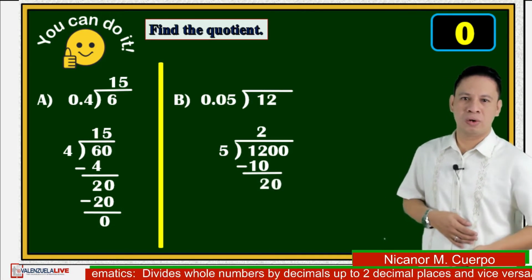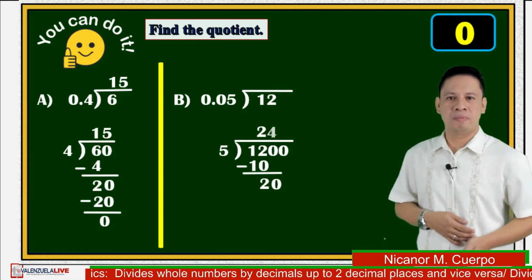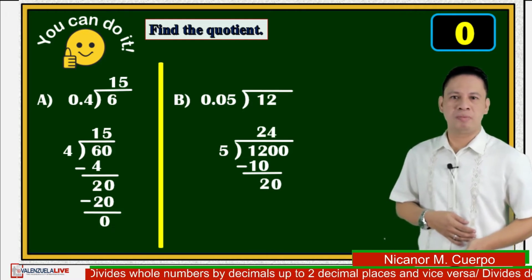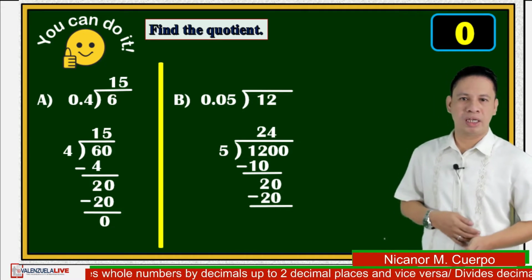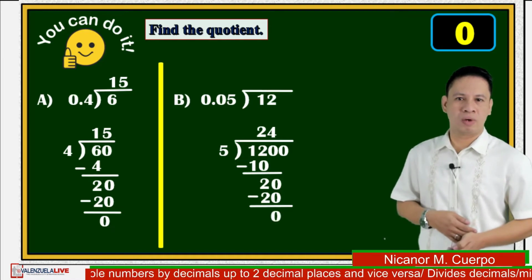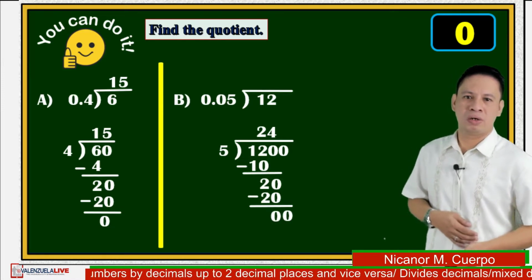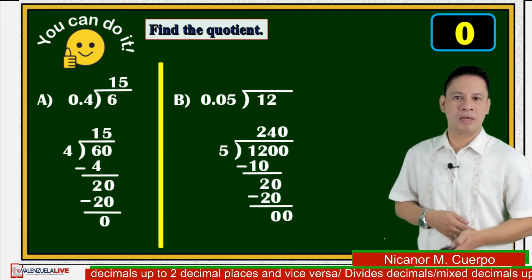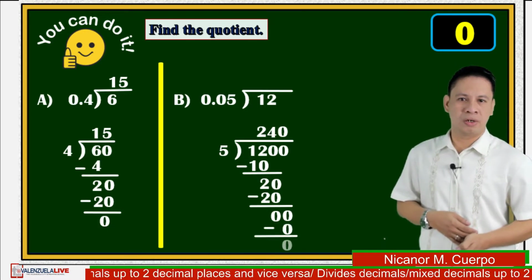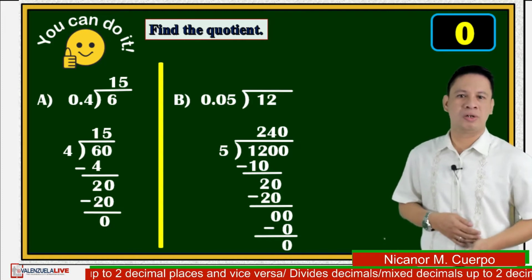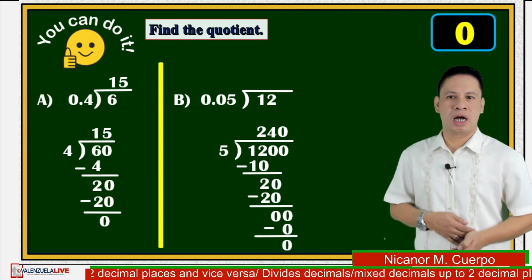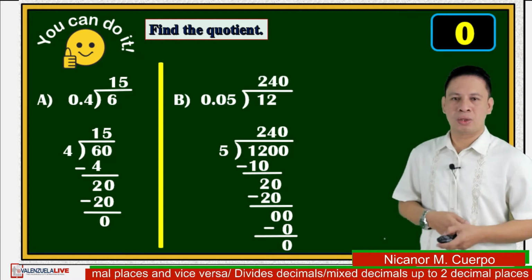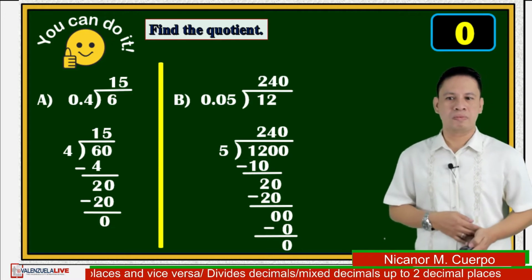Bring down 0. 20 divided by 5 equals 4. 4 times 5 equals 20. 20 minus 20 equals 0. Then bring down 0. 0 divided by 5 is 0. 0 times 5 equals 0. Then subtract. 0 minus 0 equals 0. So our answer is 240.